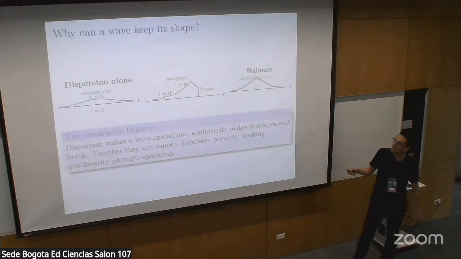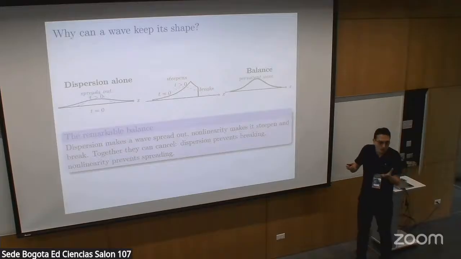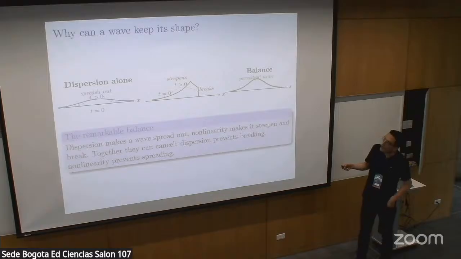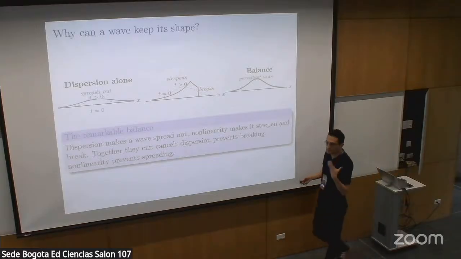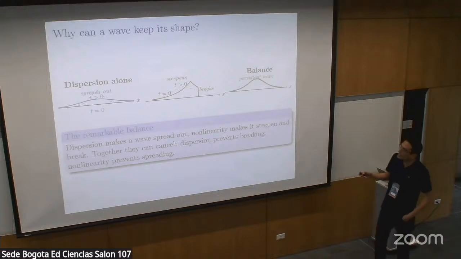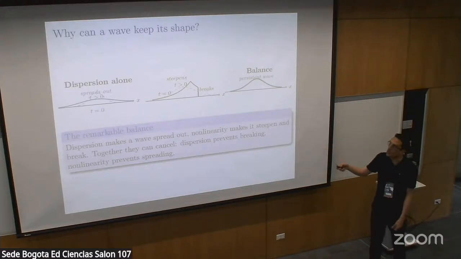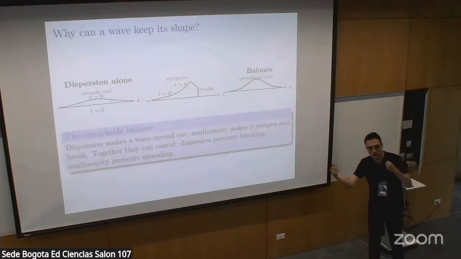So a combination between wave breaking and dispersion: when they're alone, they're trouble, right? They're difficulties. They're not helping you at all. But think about the balance. What is the balance that creates these special kinds of waves that Russell observed? The balance is that dispersion is trying to spread out information, while nonlinearity is trying to create breaks, to combine, to join everything.